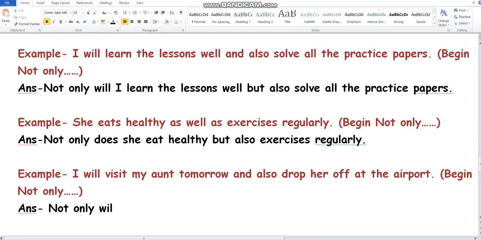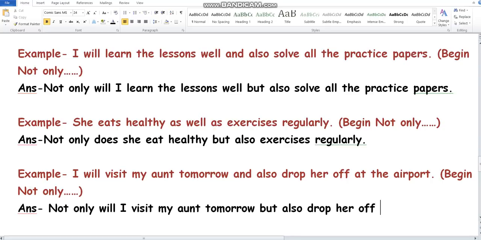Not only will I visit my aunt tomorrow, but also drop her off at the airport. Please be careful. I hope now you've understood the usage of not only but also.